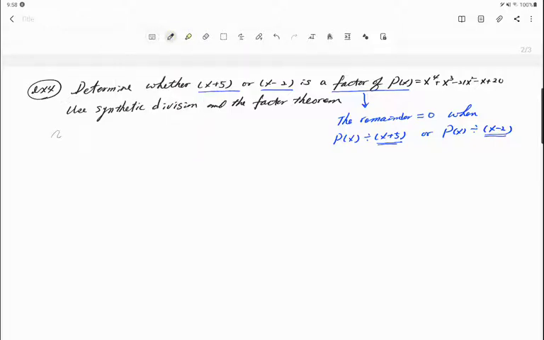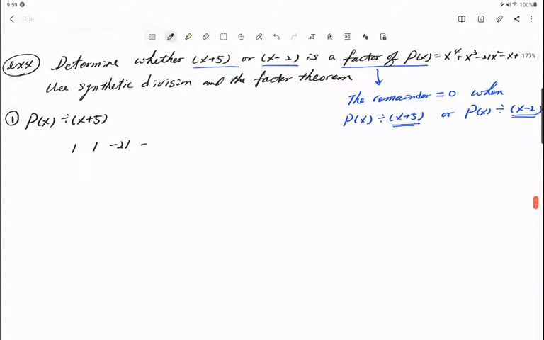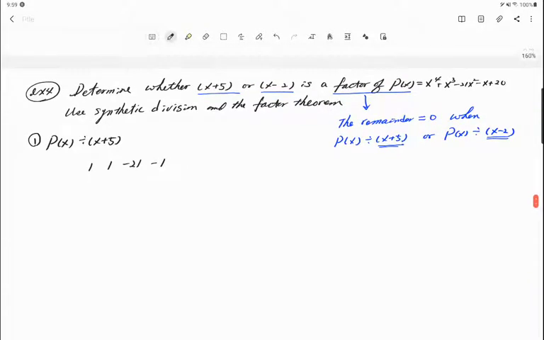All right, so let's try. First, let's divide P of x by x plus 5 using synthetic division. I'm going to write the coefficients of the fourth power, third power, second power, first power, and the constant is 20. I'm dividing by x plus 5, so I'm going to use negative 5.